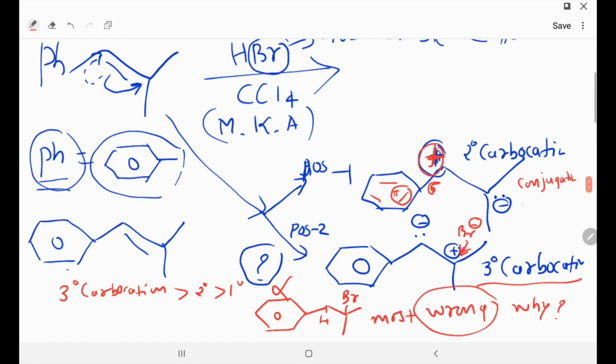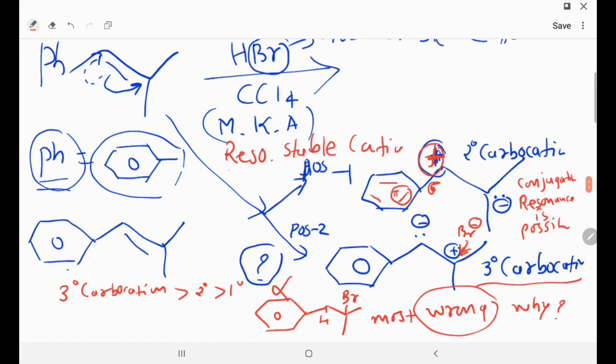Now if there is a conjugation, then resonance is possible. Now dear students, when resonance is possible, you can say that this particular carbocation is a stable cation.